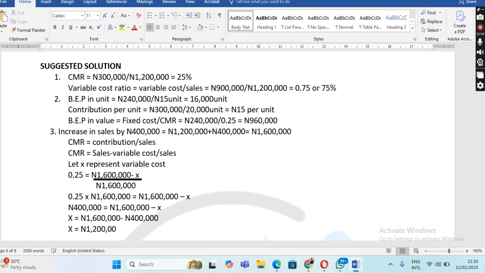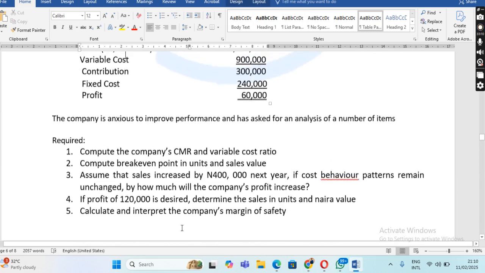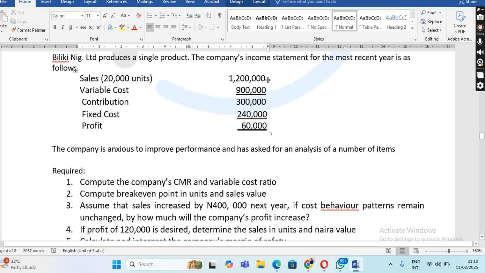Now you can see, class, that your variable cost has increased to 1.2 million. Class, what is your variable cost before? Your variable cost is 900,000 because the sales is 1.2 million. Now, when the sales increases to, you need to know the difference between by and to.